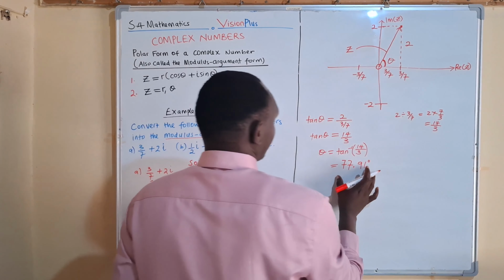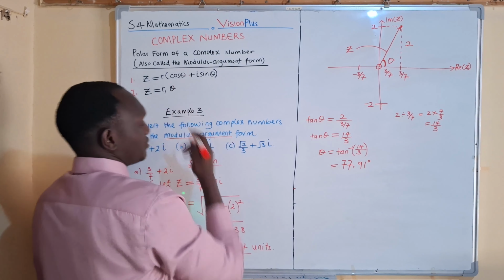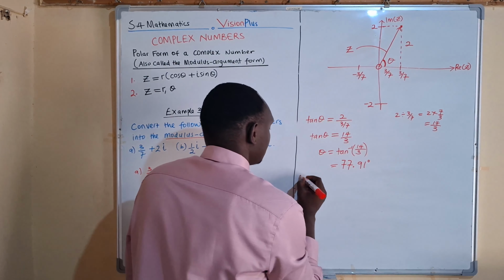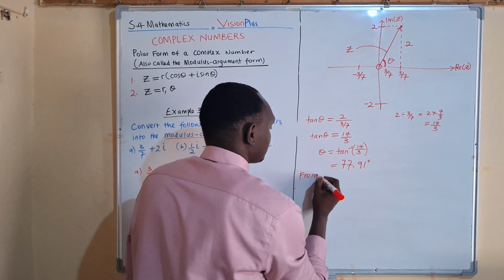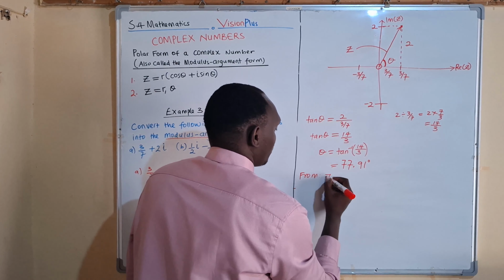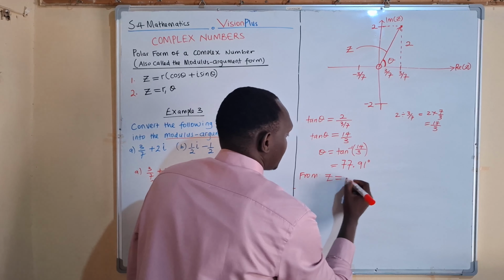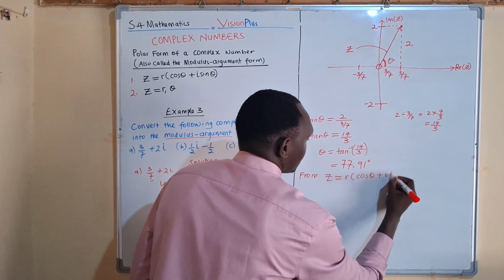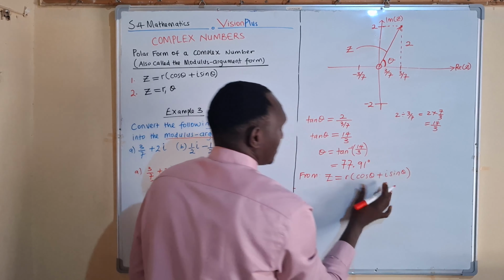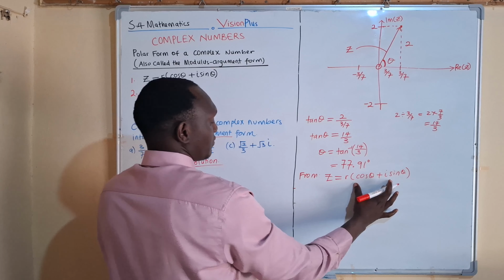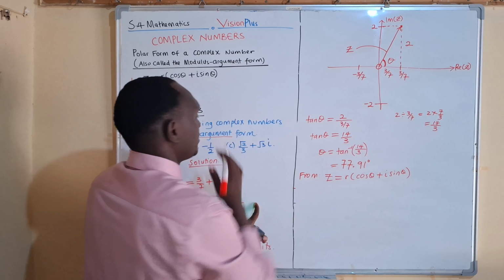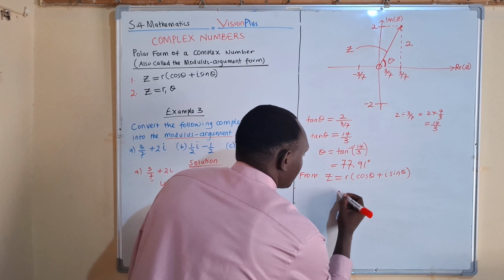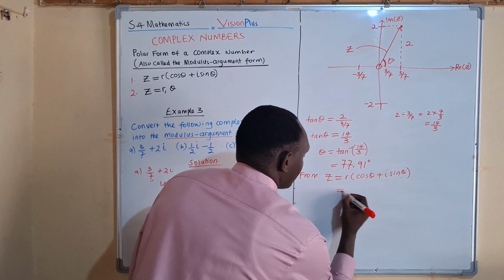So from here, after getting an angle, you come and substitute. Because you know that z is given as r into cosine theta plus i sine theta. This is the modulus argument form of the complex number, or the polar form. And then we substitute here. What is the value of r?